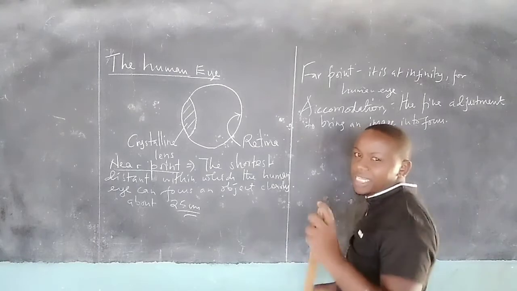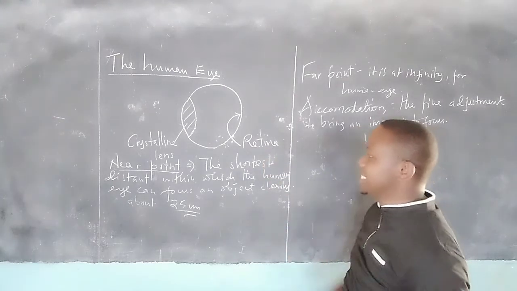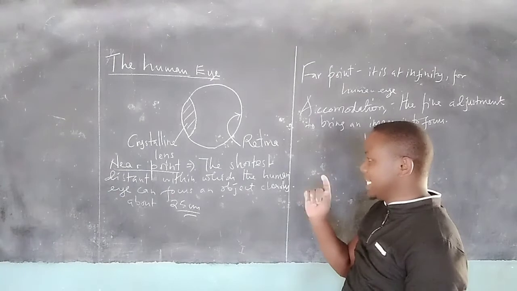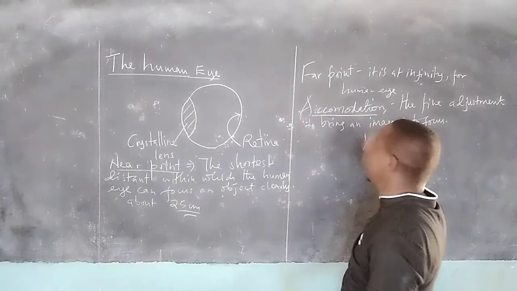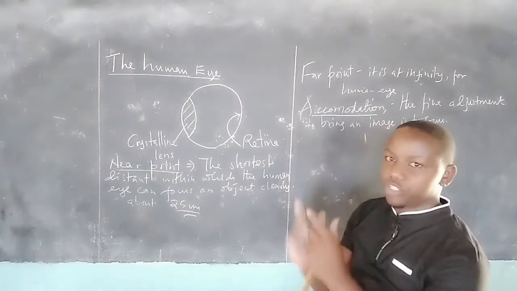So the adjustment made by the eye, more so the lens, so that an image gets into focus, we call accommodation. So we say the eye is trying to accommodate an image.